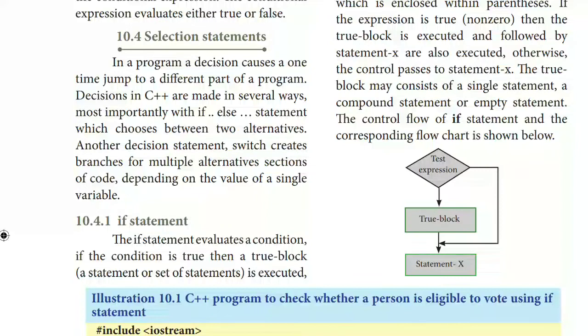Okay, so in a program, a decision causes a one-time jump to a different part of the program. Decisions in C++ are made in several ways. Most importantly, with if else statement, which chooses between two alternatives. Another decision statement creates branches of multiple alternative sections of code depending on the value of a single variable.